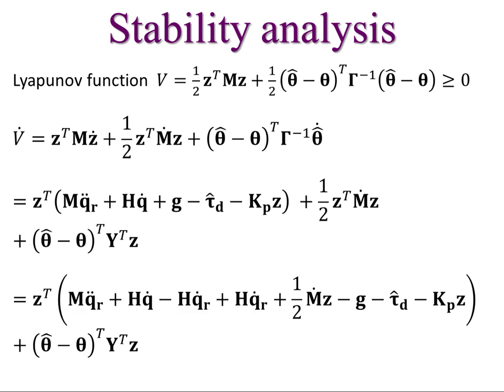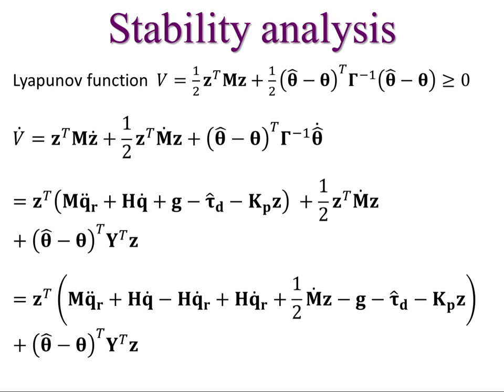Next, we add the terms H Q R dot in the first parenthesis. Note that these terms do not change the equation content, since the sum of them is equivalent to the zero vector.